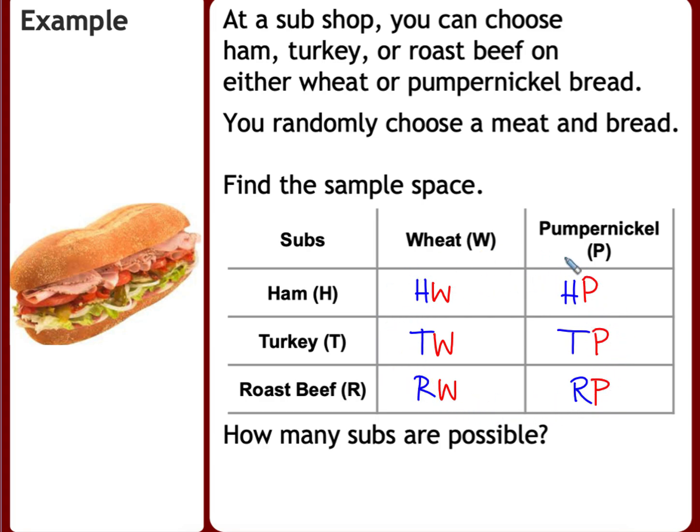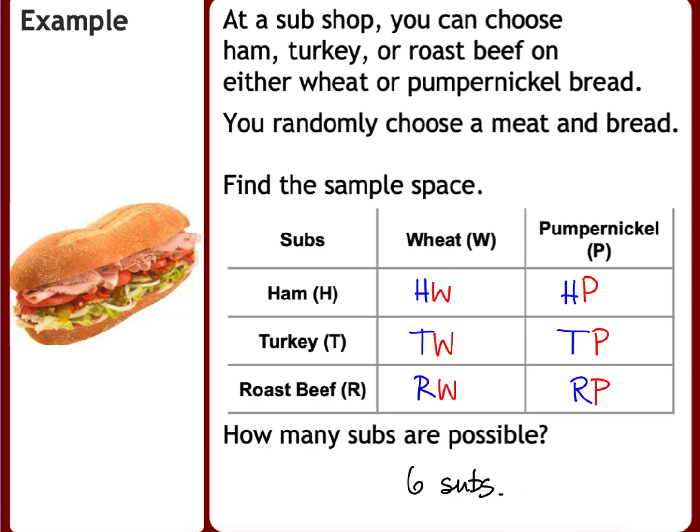A nice and organized way. The downside of a table is that once you get a third event, so if you were able to choose a snack to go with this, there's really no place to do that. You would need a 3-dimensional cube to be able to do that, and it gets a little tricky. All right, but again, it does work nicely for 2 events, and again, as we saw with the tree, there are 6 subs possible.